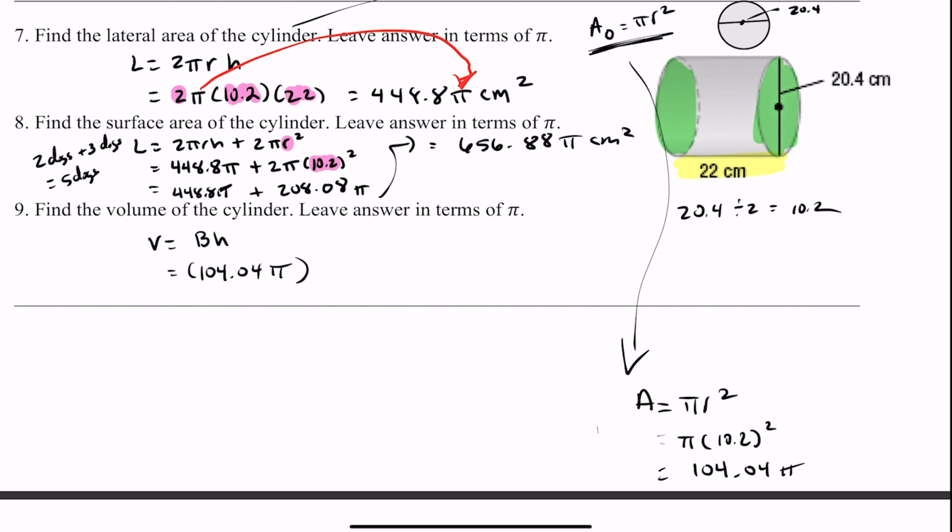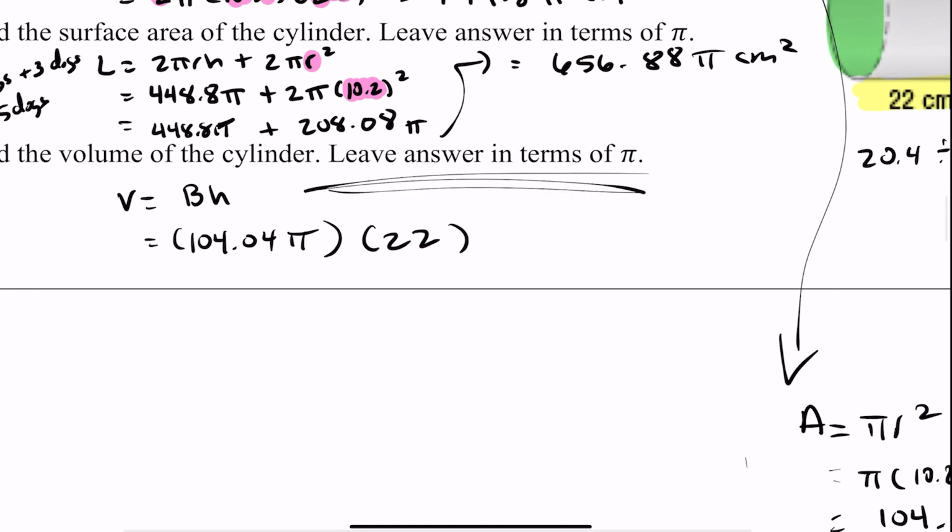And then the height of the prism, what separates the two circles again? 22. All right, so leave your answer in terms of pi here. You're going to multiply the number by that number. 104.04 multiplied by 22, you get 2,288.88.